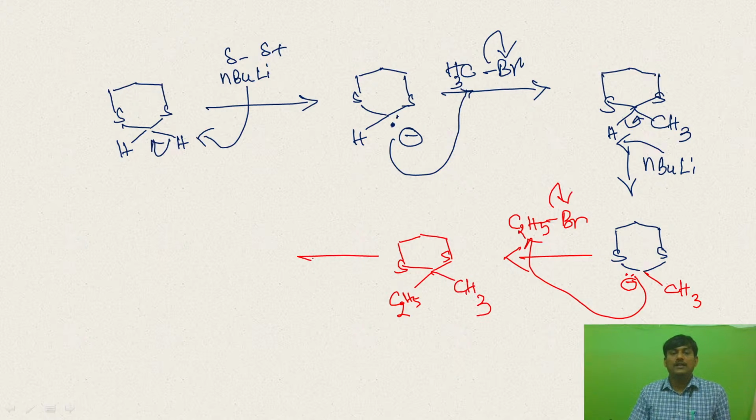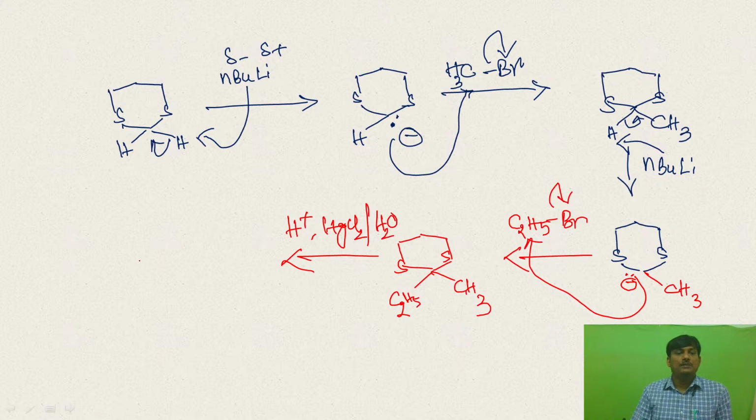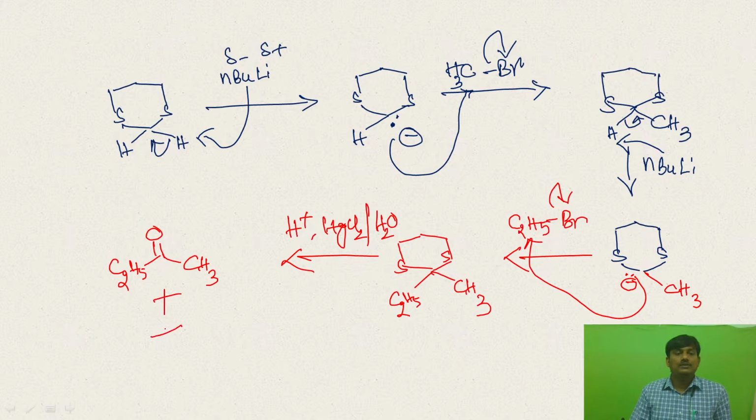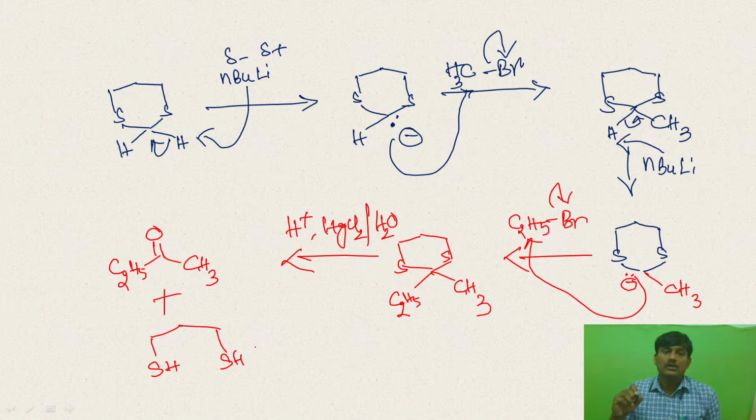Okay, upon acidic hydrolysis in presence of mercury chloride, HgCl2, H2O, there is a formation of ketone C2H5 C double bond O CH3 plus 1,3-dithiol, SH, and this one is SH. Okay, this is about the preparation of aldehydes and ketones by using 1,3-dithianes.